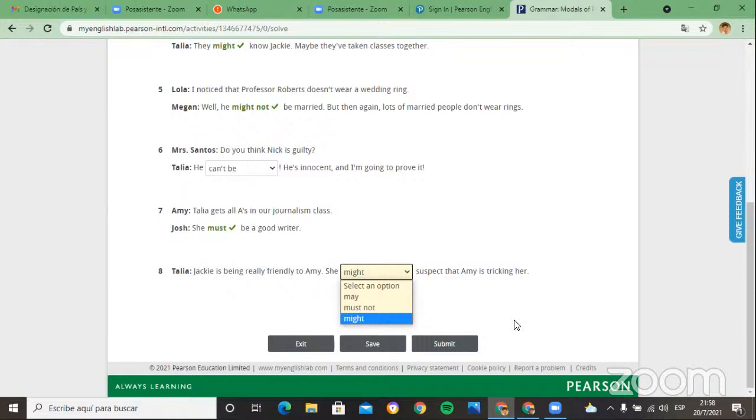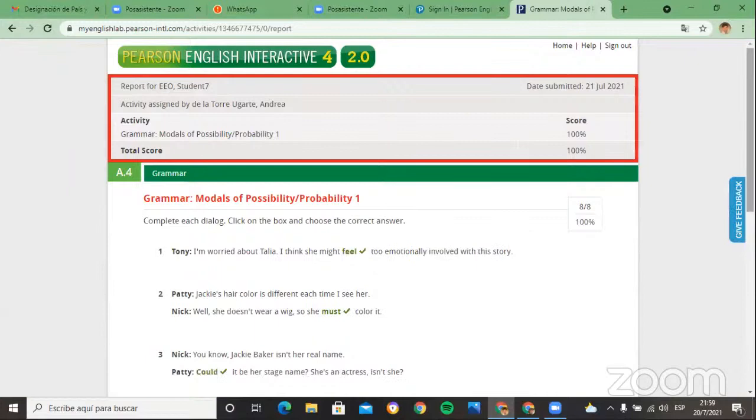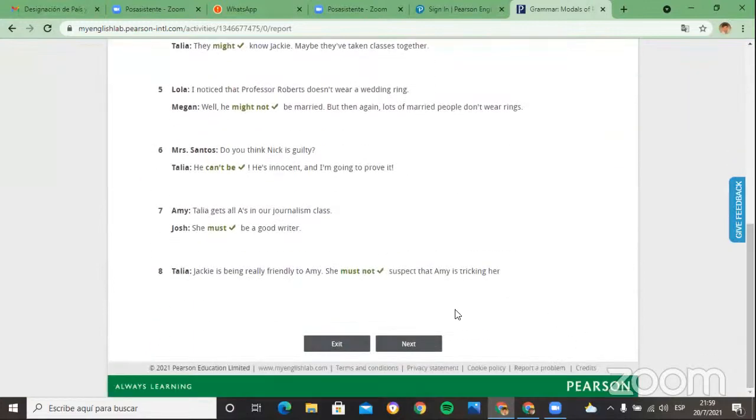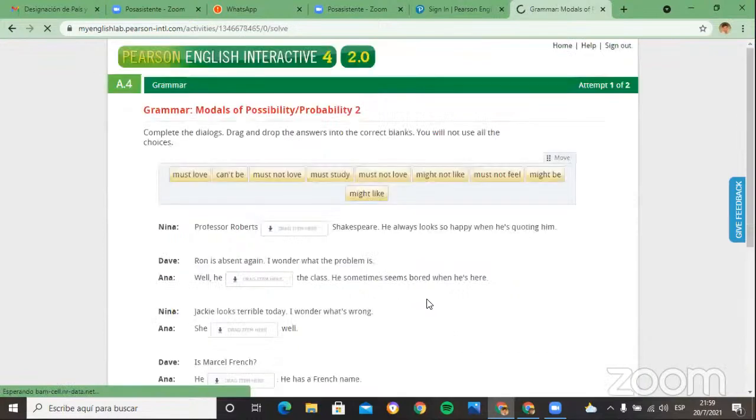With might is stronger, right? The intention can be stronger than may in this case. Must not. Okay, very good.